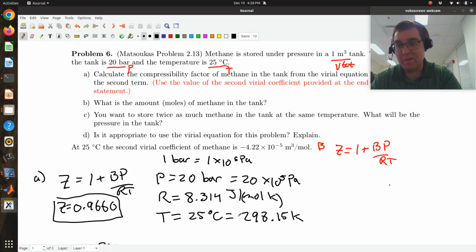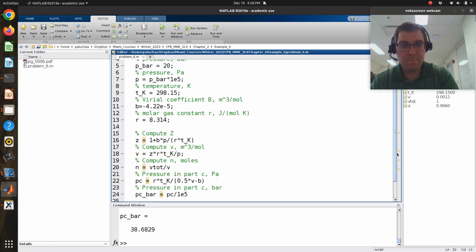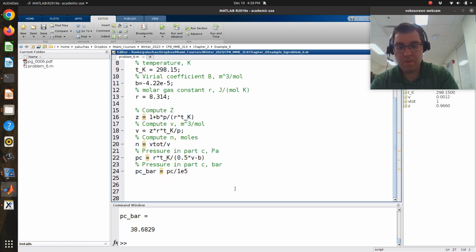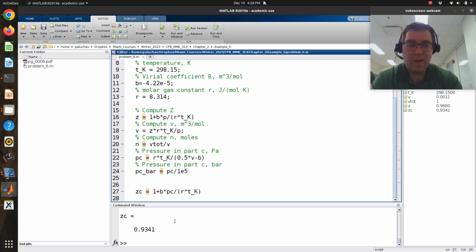Just for completeness, if I were to look at C, Z in part C would be 1 plus B times P divided by R times T Kelvin. Okay, so in C, now Z's 0.9341.